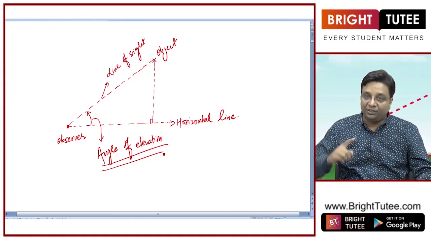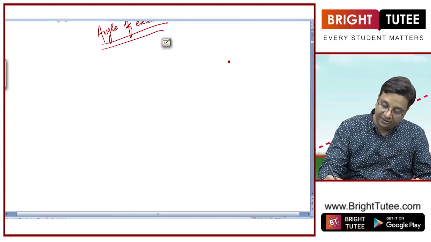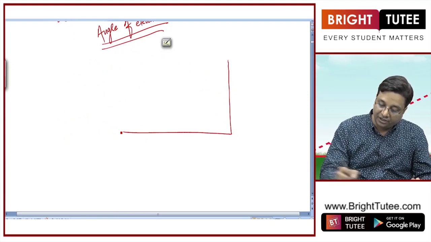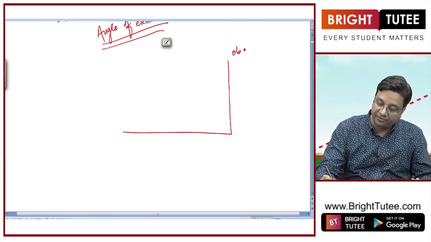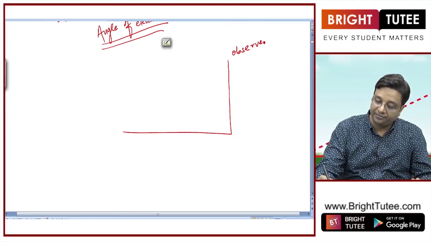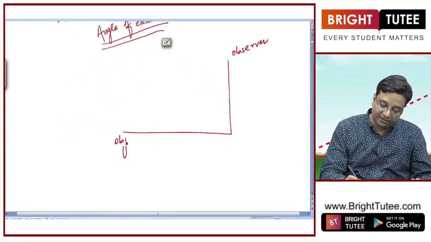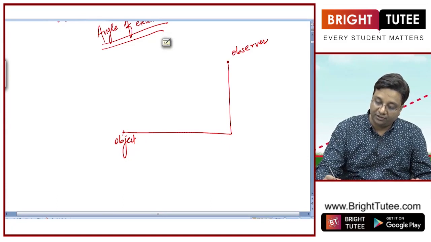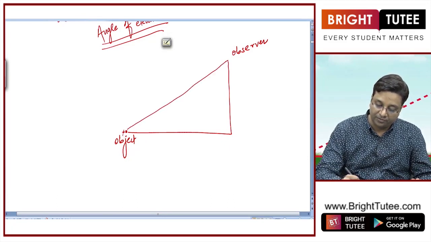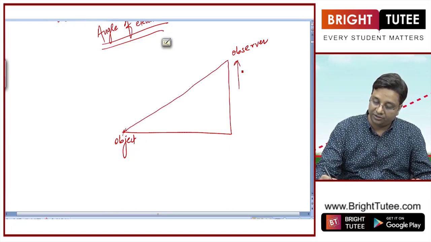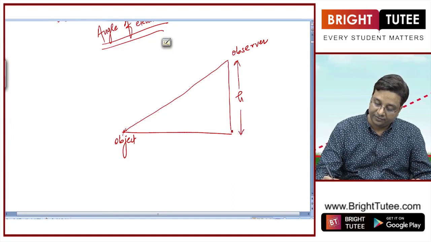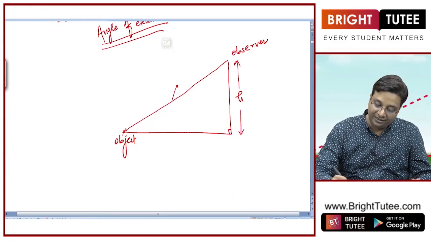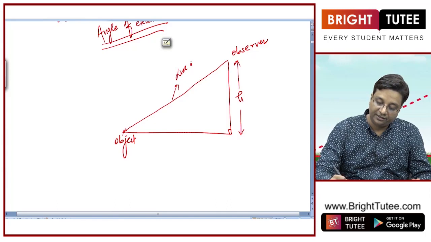Even if the observer is sitting at a height, let us say the observer is sitting here at a certain height and the object is here, and the observer is looking at the object from this height h, then this line is now the line of sight.